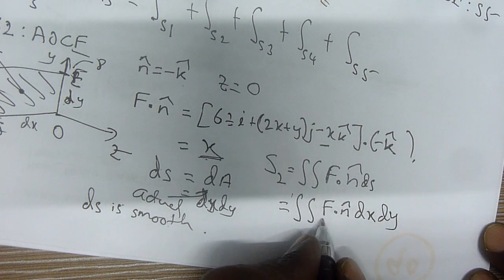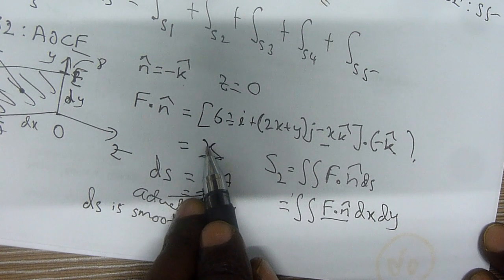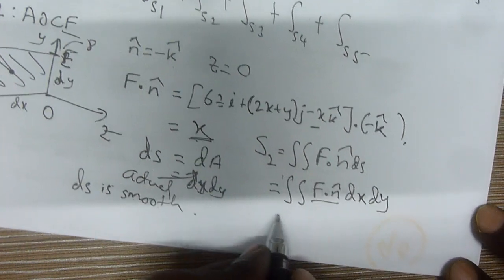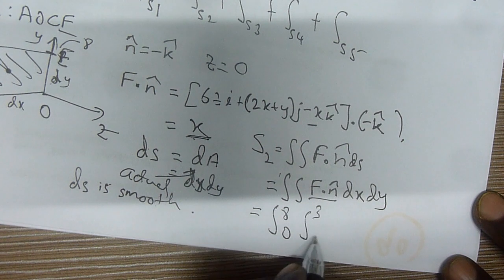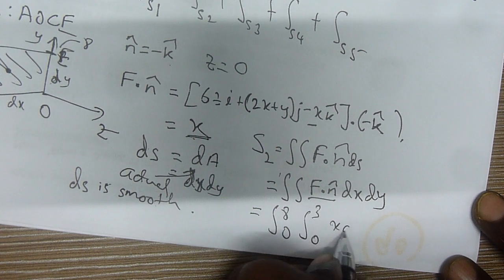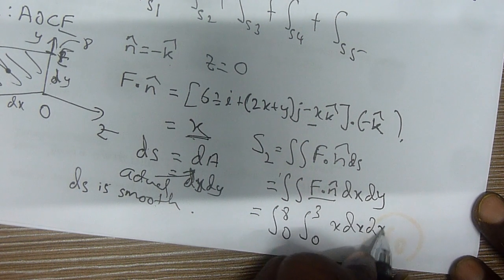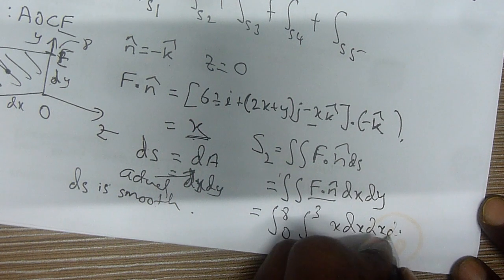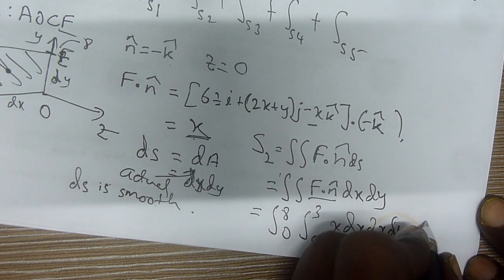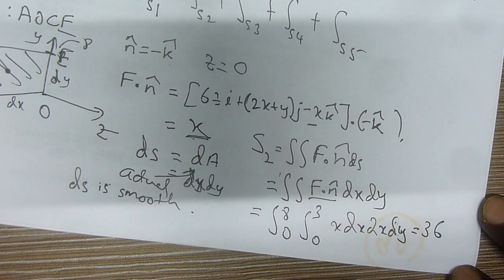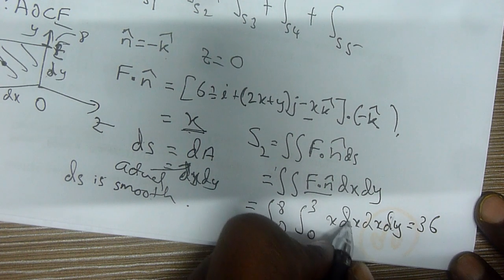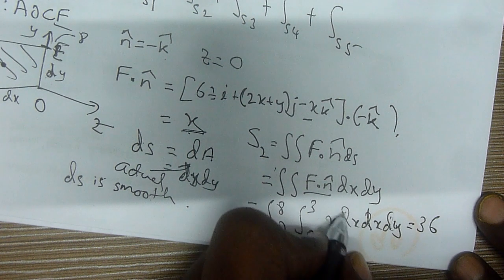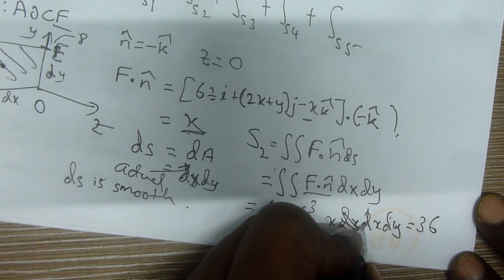Now this one we know is x. Can I calculate? Very easy. It's the integral of 3x dx dy, equivalent to 36.